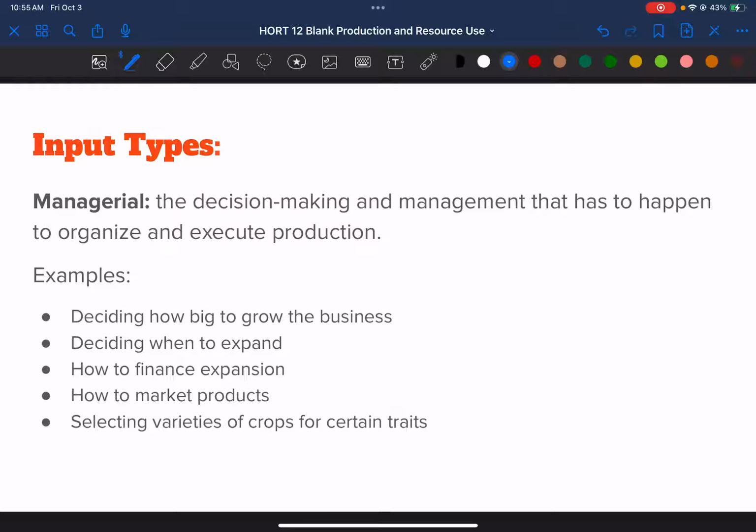Those kinds of decision-making skills and the decision-making labor are managerial inputs. So again, it's not a physical thing that you're using. It's like a brain power type of input.